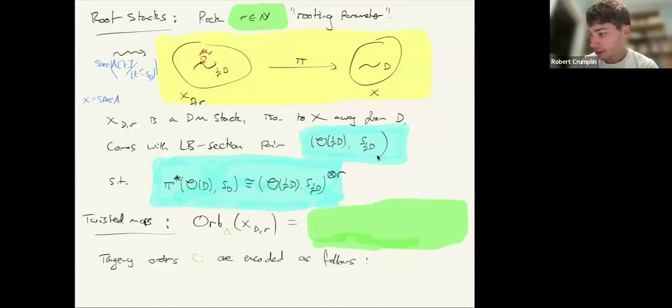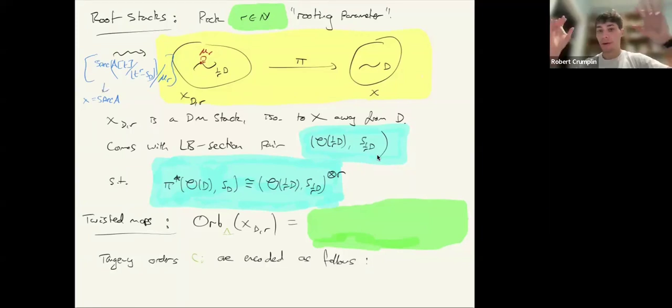And this guy here maps to X as a degree R cover. But you can quotient this further by a mu_R action, where mu_R acts on T by multiplying by the R-th roots of unity.